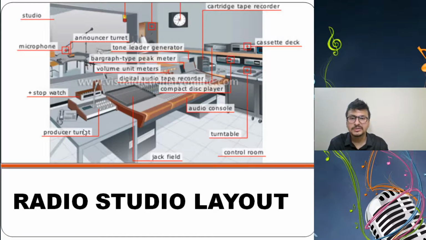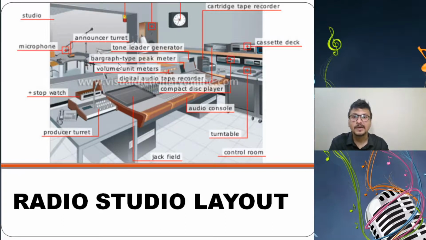Next, it's a producer turret. The producer switches if a particular call comes, or it works as a talkback for the producer. There is a landline phone, for example, if you are taking live phone-in programs in the radio studio, the calls come, or you are talking to the sound recorder sitting in the recording room.